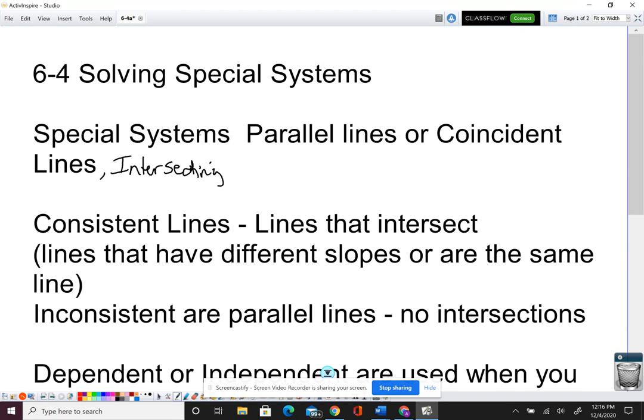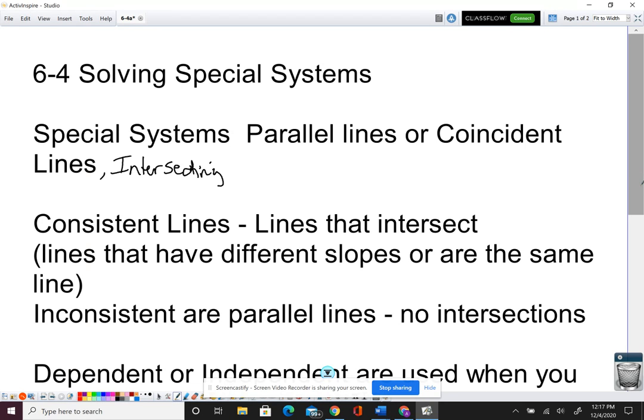Consistent lines are lines that intersect, and so we can either have one intersecting line, or we can have two lines that are right on top of each other, and those would be considered consistent lines. Inconsistent lines are parallel lines. They have no intersection.